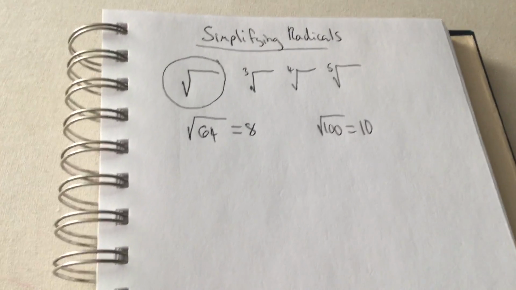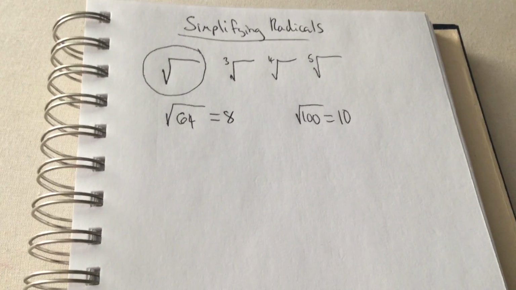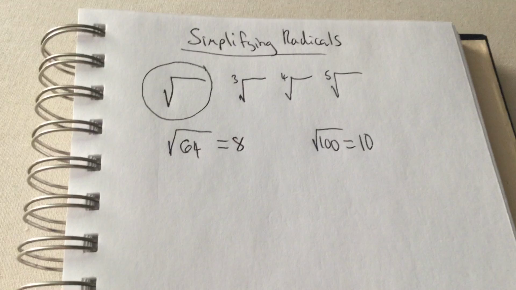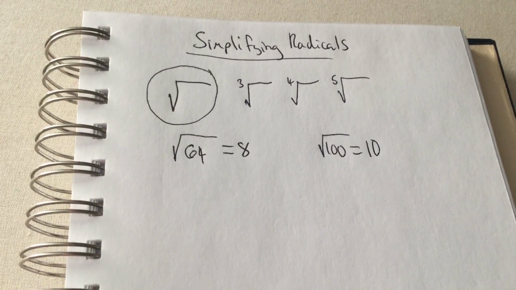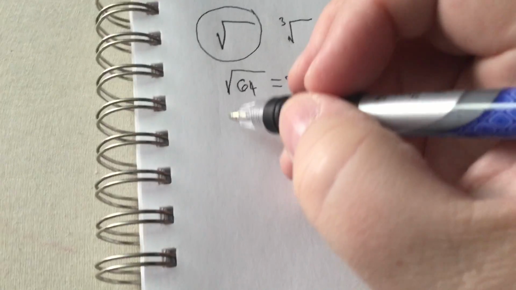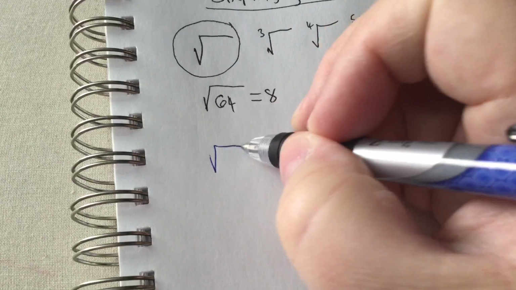But there's another thing we do with radicals. It's going to seem a little bit weird at first. So I'm going to show you a couple examples here. Very simple example. What is the square root of 12?